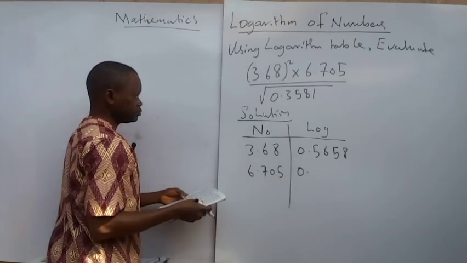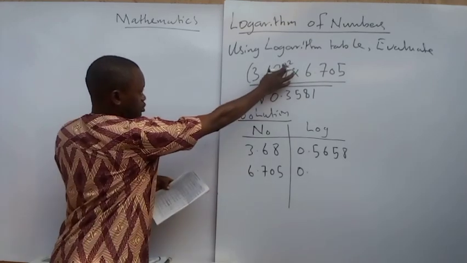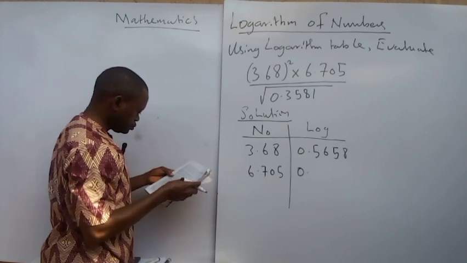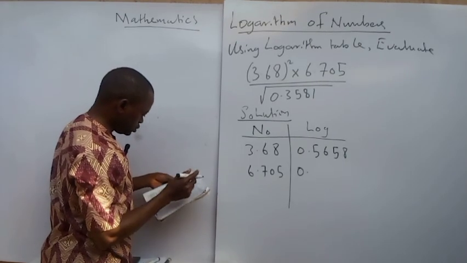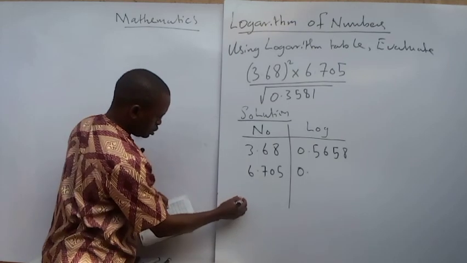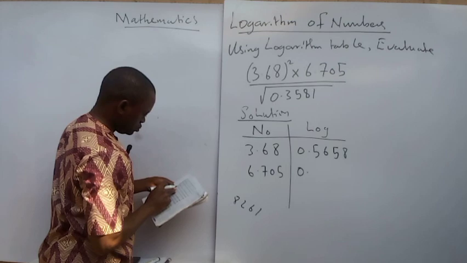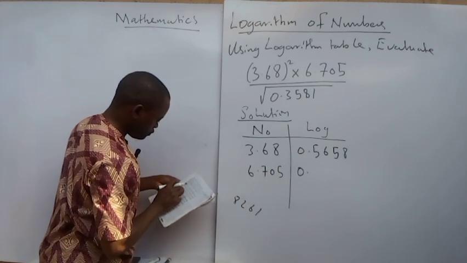67 under 0. 67 under 0 is 8261. Then I'll follow that and go to difference 5.